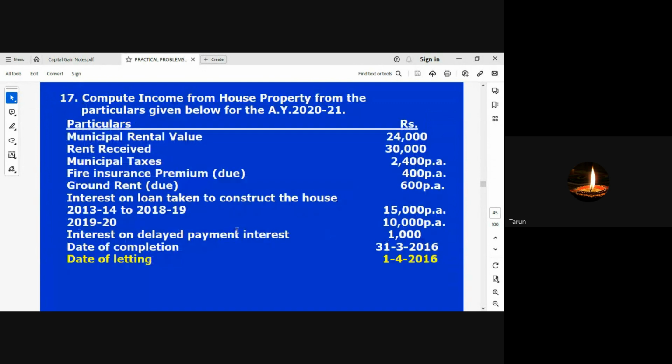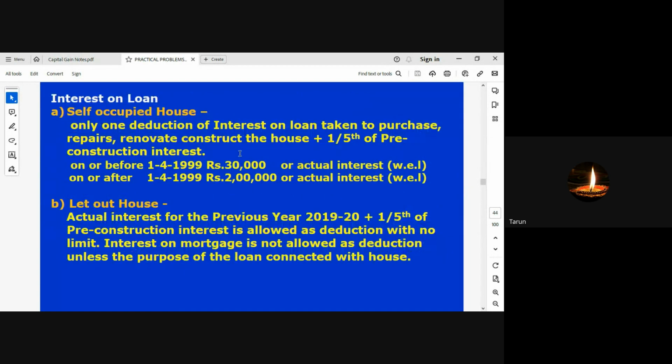We have categorized it because two values have been given, for 2018-19 and 2019-20. So we have divided the 30,000 into two parts, 15,000 plus 15,000, and taken 1/5 as per the rule of the pre-construction interest.